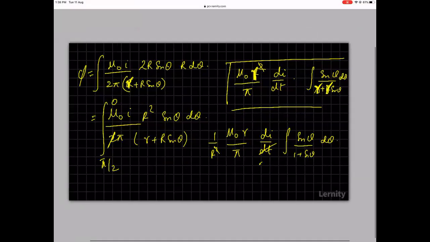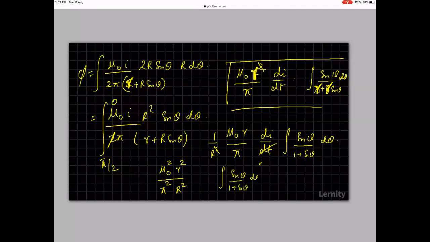So it is mu naught squared r squared by pi squared capital R squared integral of sine theta by 1 plus sine theta d theta the whole squared into change in current with respect to time.